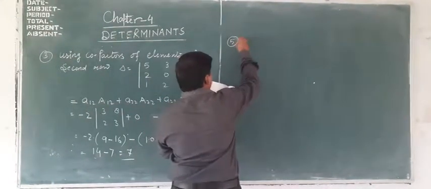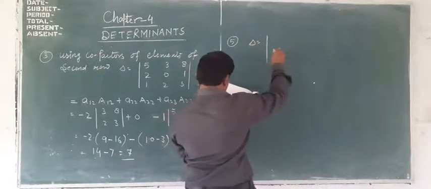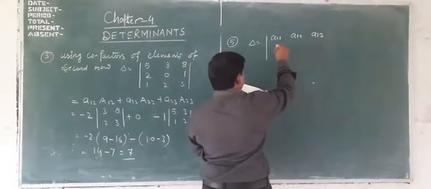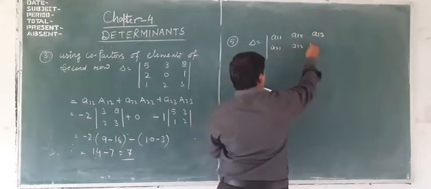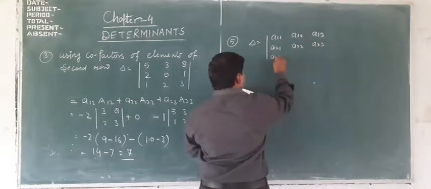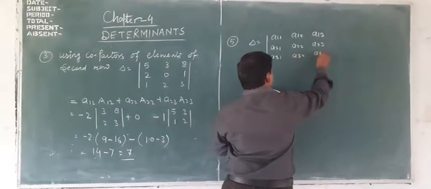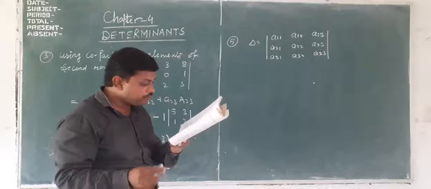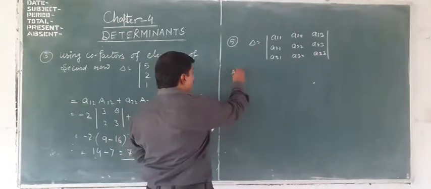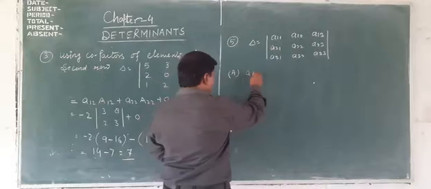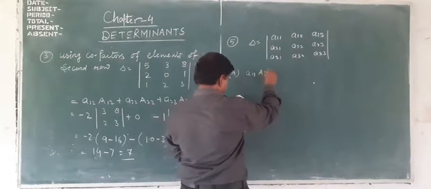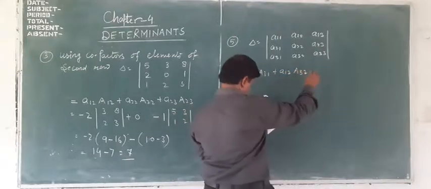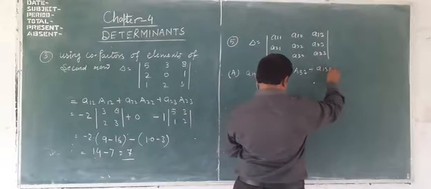Determinant A11, A12, A13, A21, A22, A23, A31, A32, A33, where Aij is the cofactor of aij, then the value of the determinant is given by, and 4 options are there. A part: a11 A31, a12 A32, a13 A33.